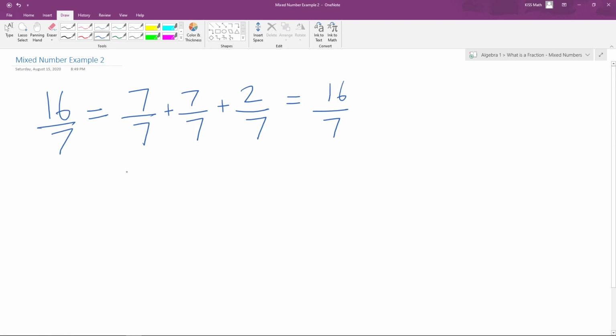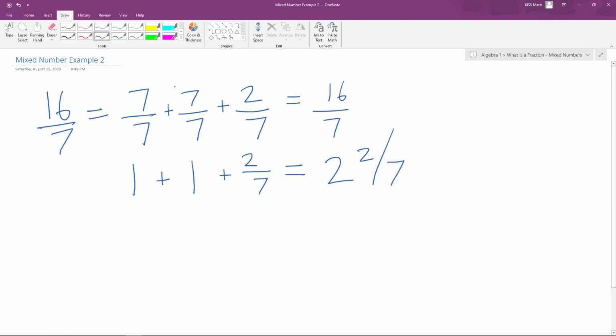So I'm going to write this as 1 plus 1, and then we still have our fraction here. And if we want to make this a mixed number, we have to add up all of our whole numbers, so 2, and then you combine it with the fraction. So 1 plus 1 plus 2 over 7 is the same as 2 and 2/7.